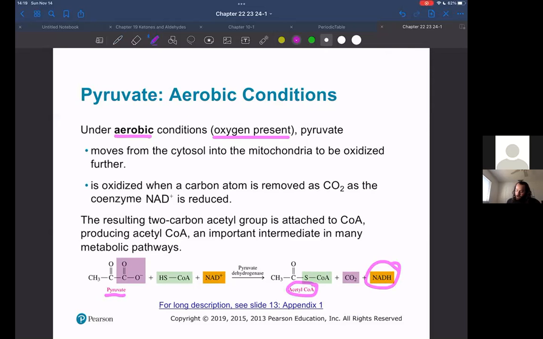This acetyl-CoA is going to be important because it goes on into the citric acid cycle, which generates even more energy. So think back to that summary slide I showed you before.